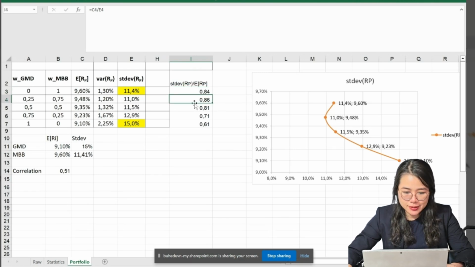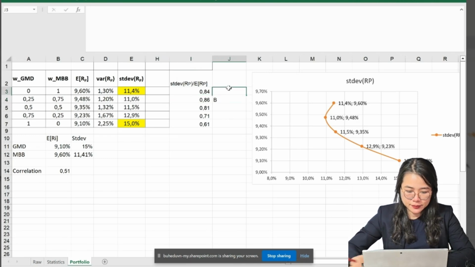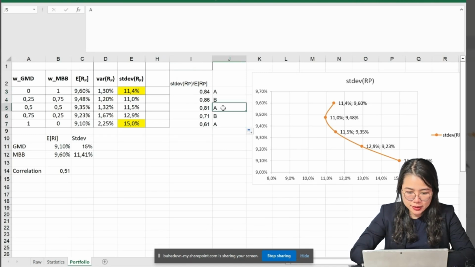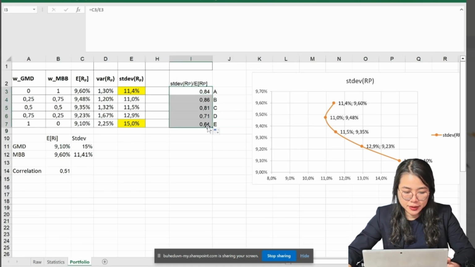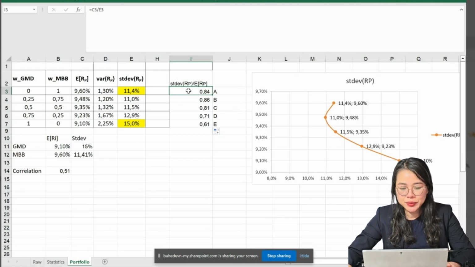So the highest is portfolio B, and the lowest is portfolio A. And what does this number tell us? This number tells us that for a unit of return, how many units of risk you have.